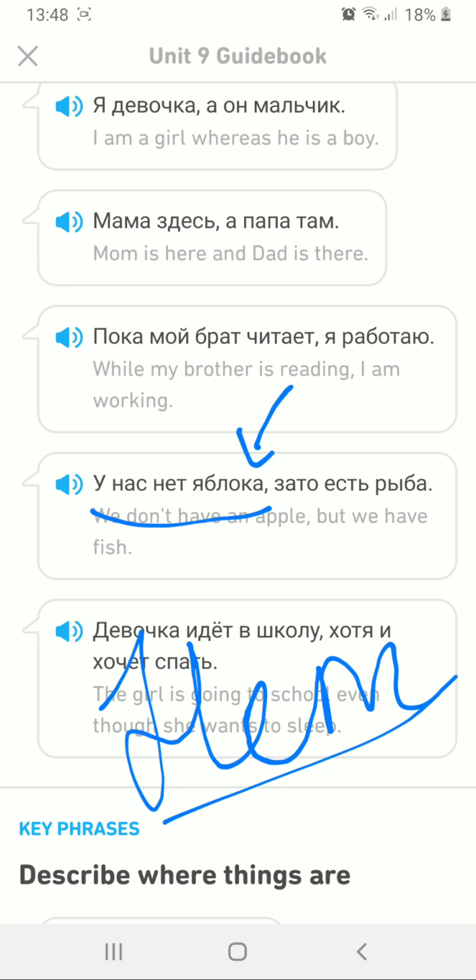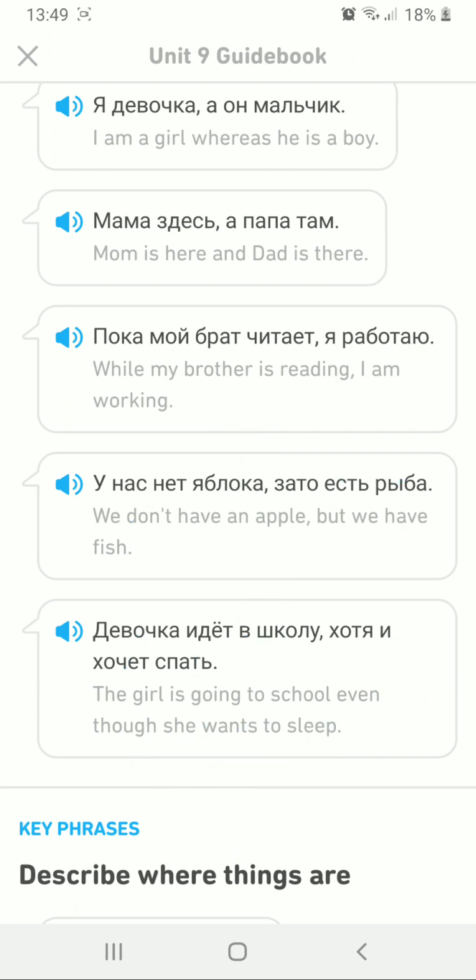So this is called inflection, and instead of writing яблоко with an O, we put an A, and I think it becomes the genitive form. So у нас нет яблока, зато есть рыба. So we don't have an apple. У нас нет яблока. Зато, but есть рыба.